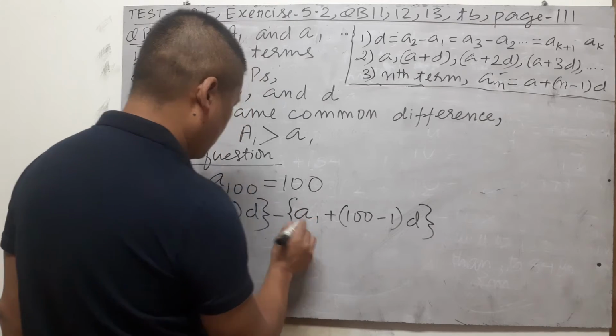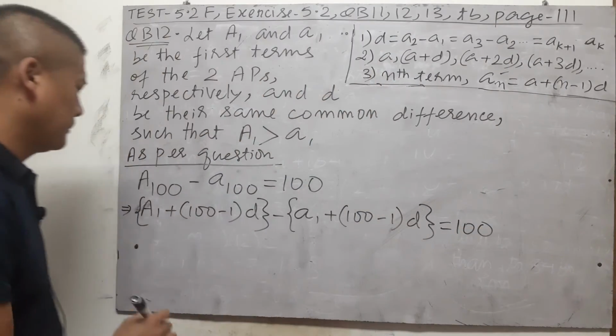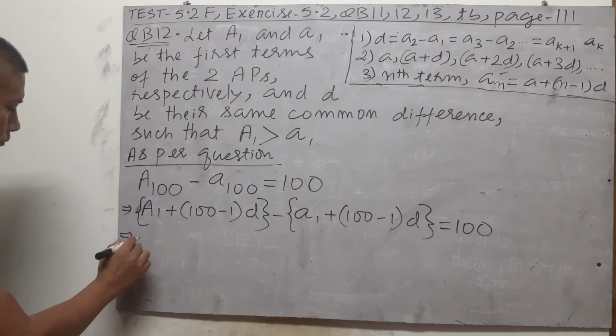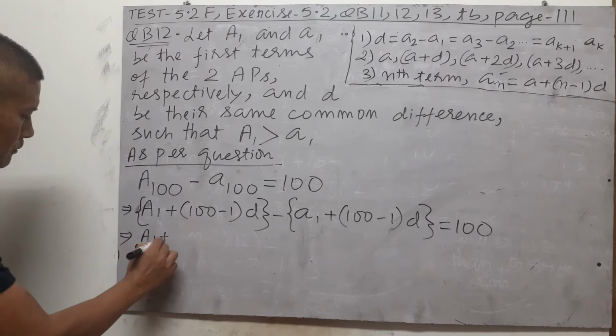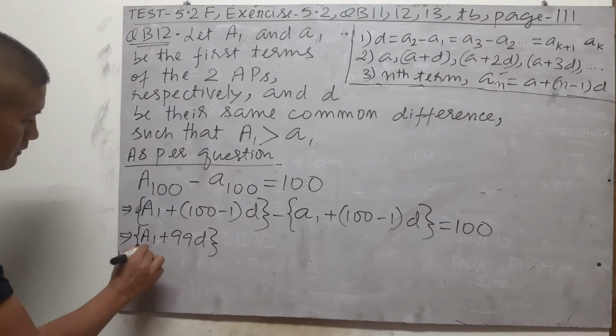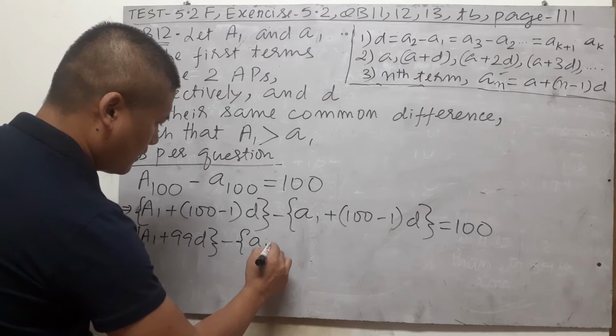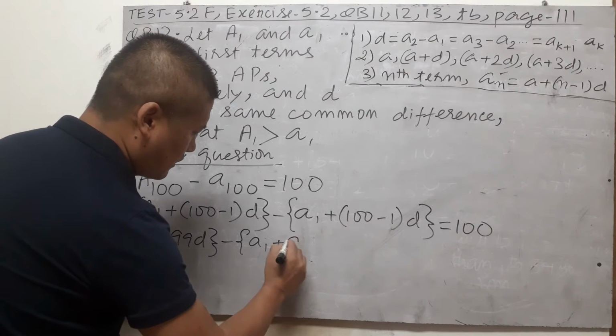This is equal to 100, the question is saying. Now let us write: A1 plus 99d minus a1 plus 99d.